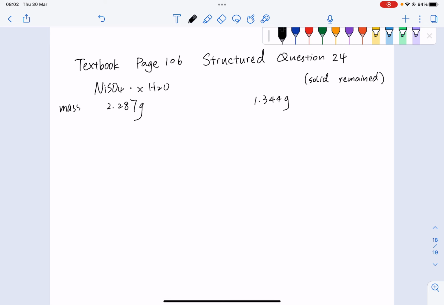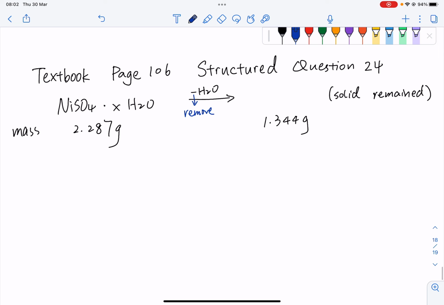Remember, for the reaction going from hydrated to anhydrous, what do we remove here? We should remove water, right? I will use minus here to represent remove. The water is removed, and what should be the final product? Think about it.